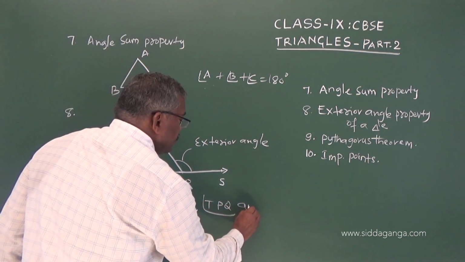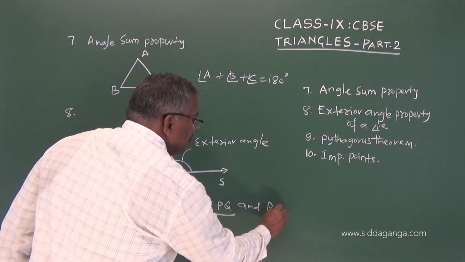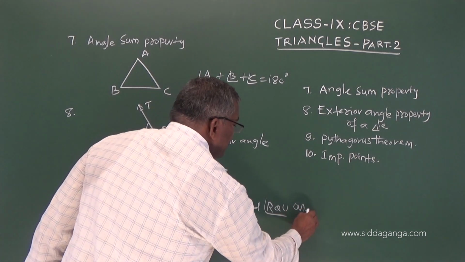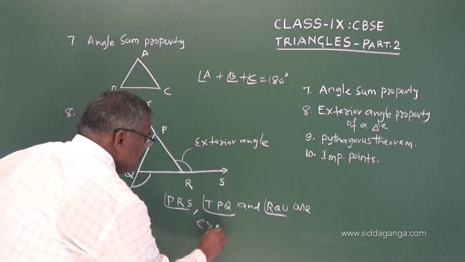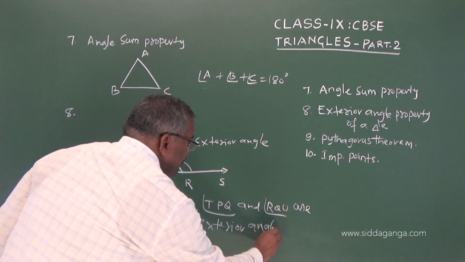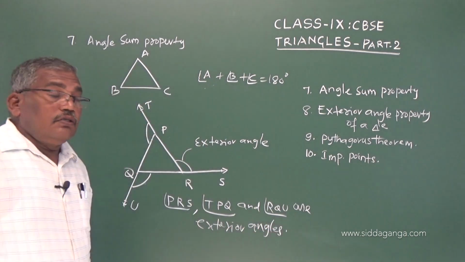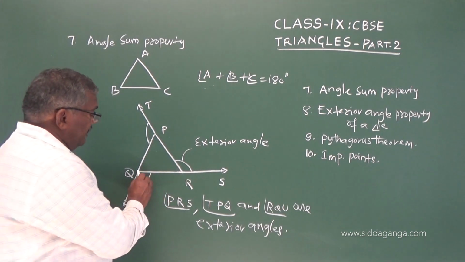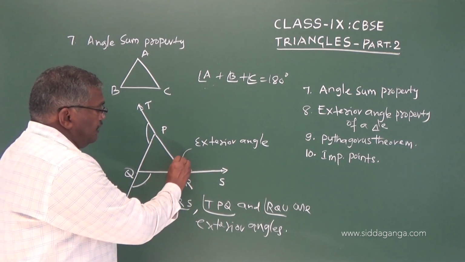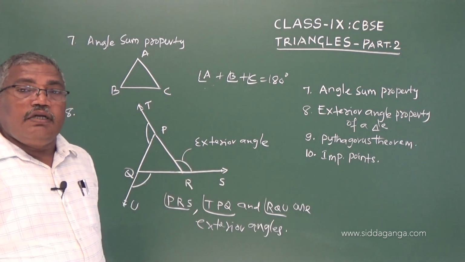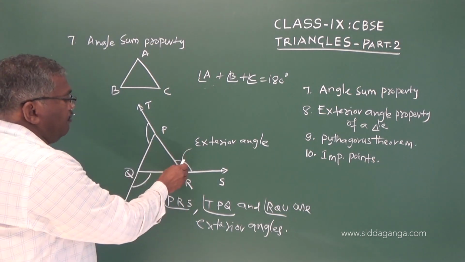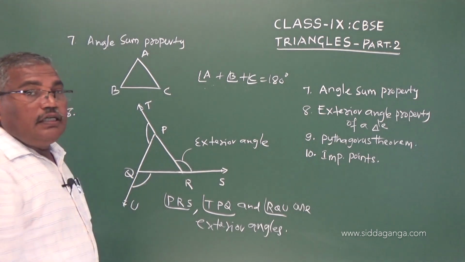So these are exterior angles. How do we get it? If we extend any one side of a triangle, then an external angle is created. That is known as exterior angle. So in this diagram we have 1, 2, 3 exterior angles.